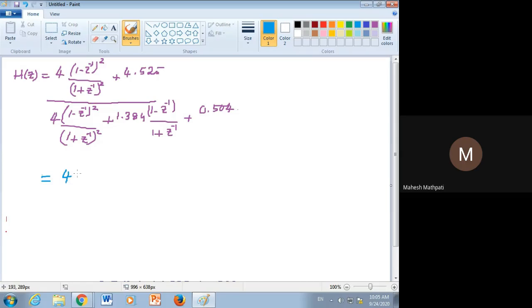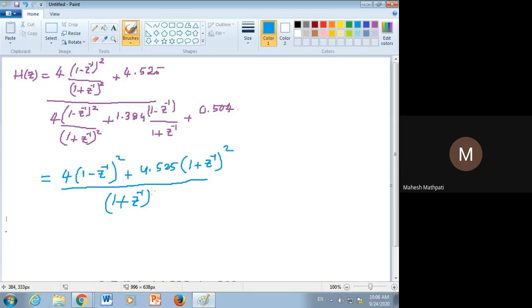It is 4 into (1 minus z inverse) square plus 4.525 into (1 plus z inverse) square, divided by, what we will get, it is (1 plus z inverse) square, and this whole divided by, what we will write again, 4 into (1 minus z inverse) square plus 1.384.